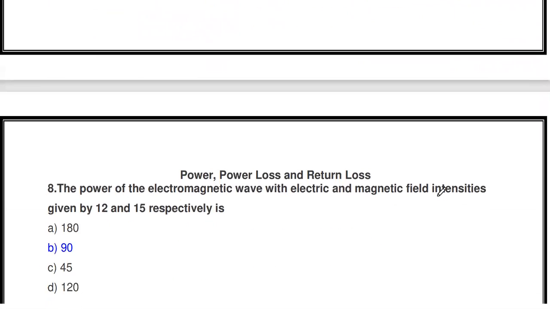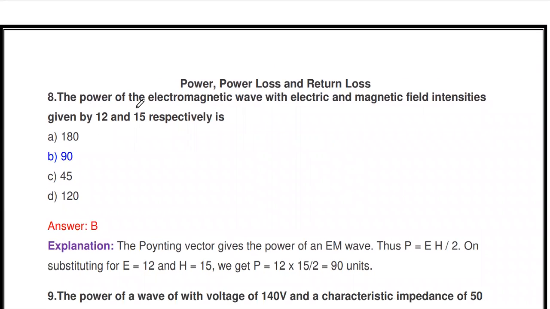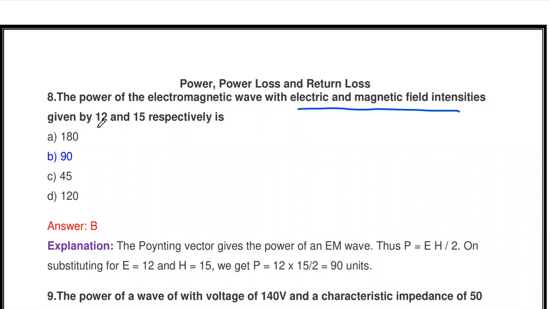The next question: the power of an electromagnetic wave with electric and magnetic field intensities given by 12 and 15 respectively is dash. Here the electric and magnetic field intensities E and H are given as 12 and 15. The question is to calculate the power of the electromagnetic wave.